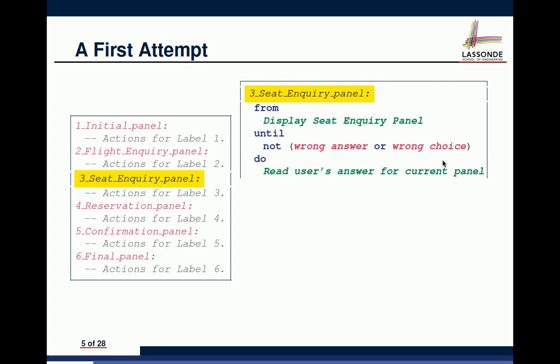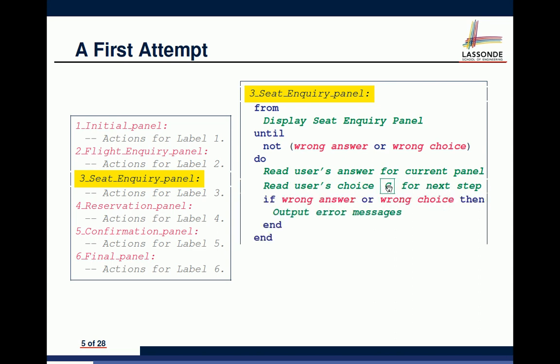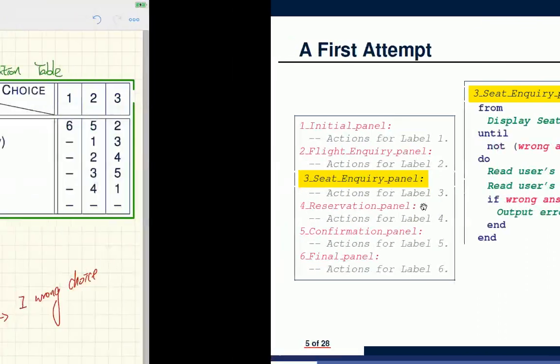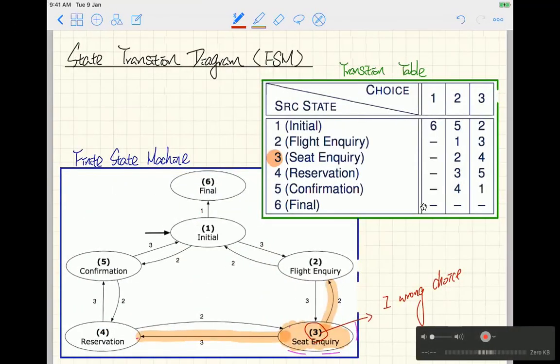So now, for every iteration, first of all, we prompt the user to enter something to the panel, to the interface. And then we read their choice. Then we check if either the answer they enter, like a credit card number, is wrong, or the choice they enter, for example action number 1, is also wrong.